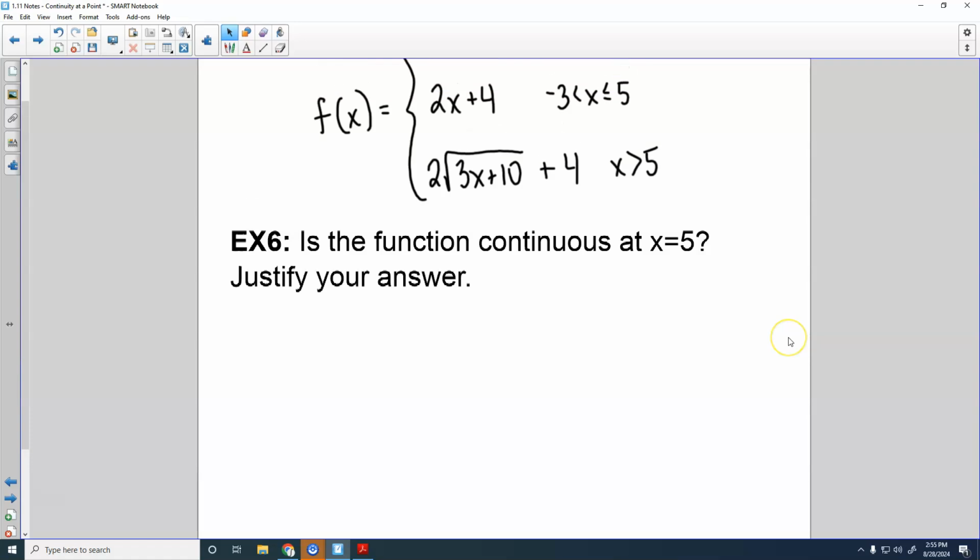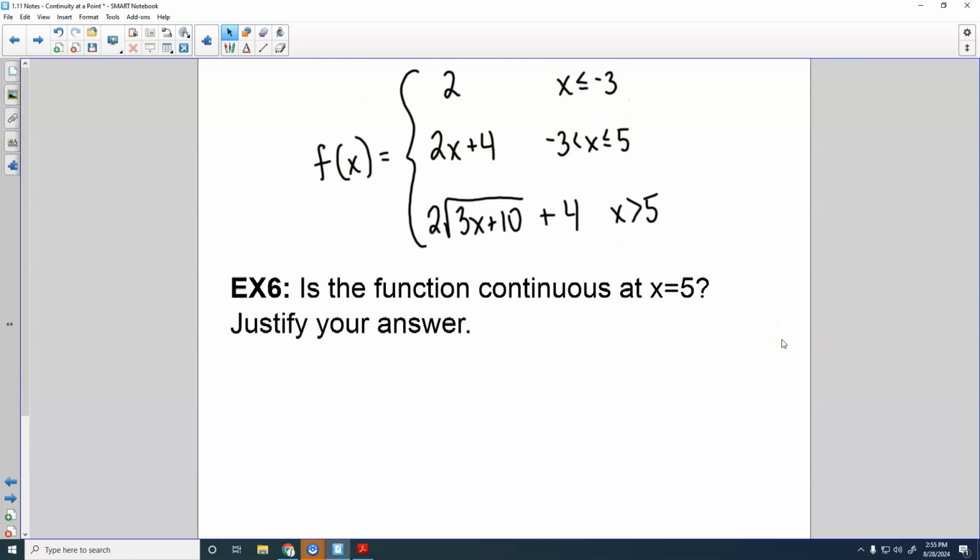Okay. Now for 5, which 2 pieces of the equation do I care about for 5? The bottom 2. So it's a good practice to always start with f of 5. Which equation do I use to find f of 5? Middle. 2 times 5 plus 4 is going to give us 10 plus 4, which will be 14. Not too bad there.